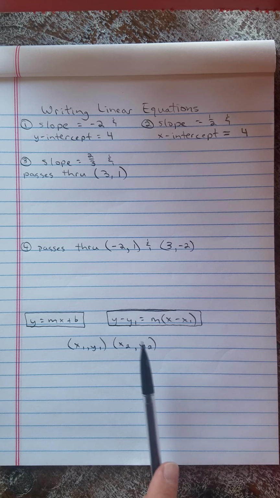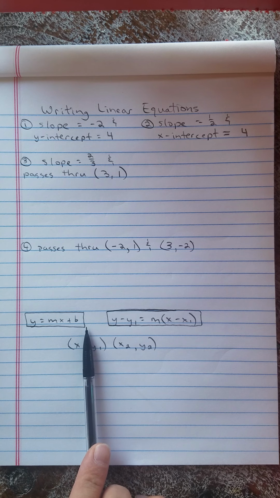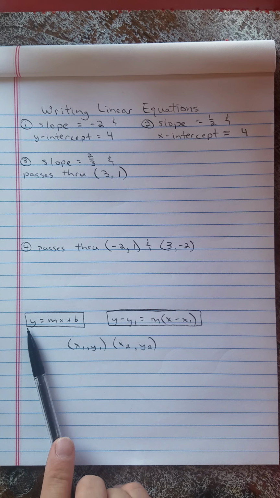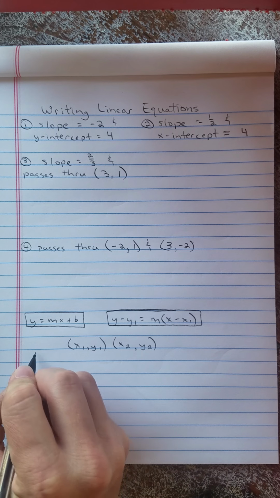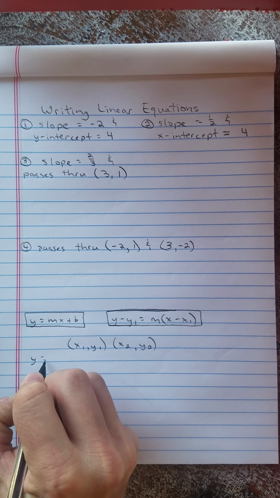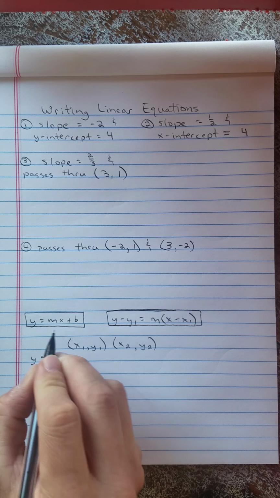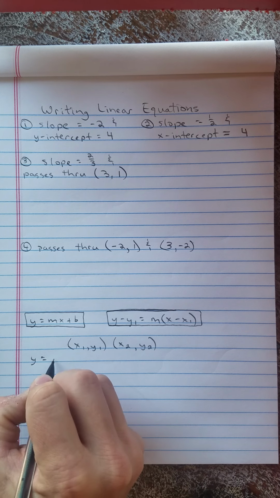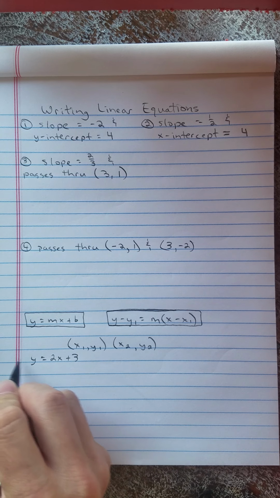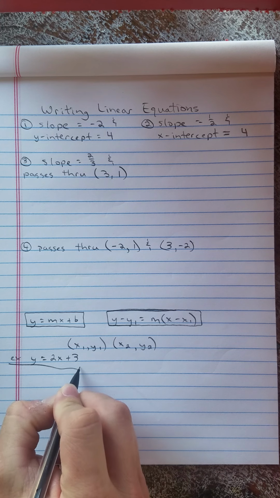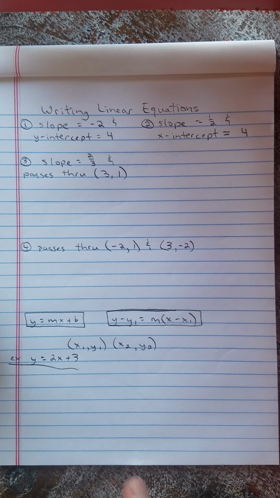So here's what it boils down to in a real simple nutshell, cutting out all the extra and all the fluff. This is what an equation in slope-intercept form looks like, y equals mx plus b, where obviously the m and the b get replaced. If I replace the m with a 2 and the b with a 3, this is an example of a slope-intercept equation, y equals 2x plus 3.